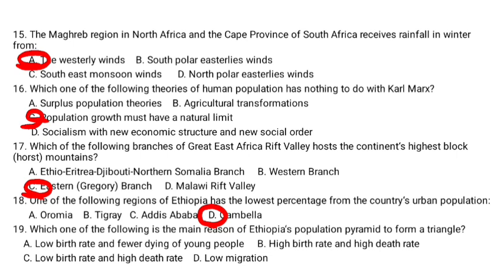High birth rate and high death rate, for question number 19, is the main reason for Ethiopia's population pyramid to form a triangle.